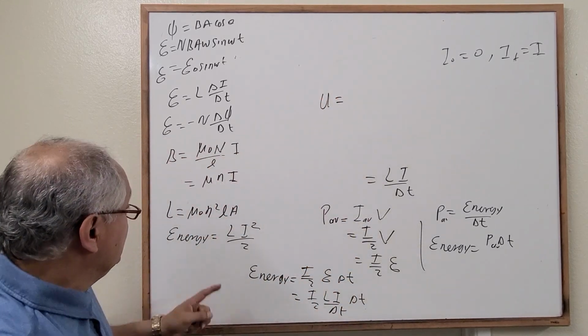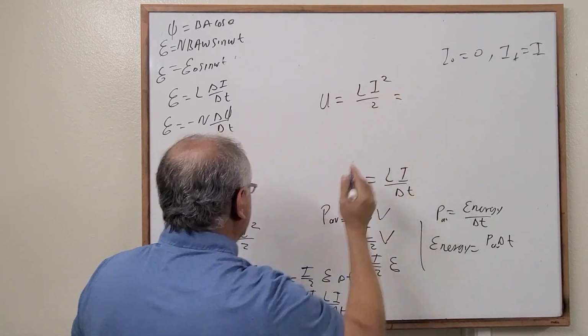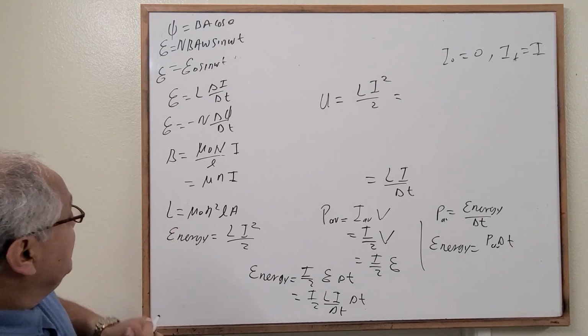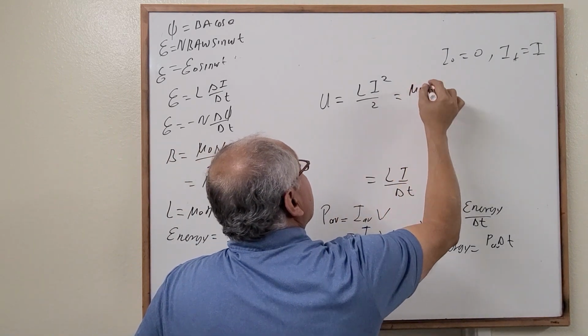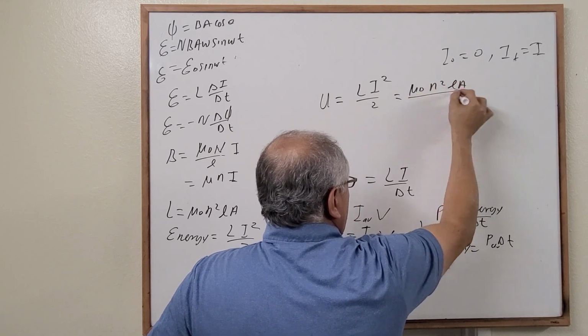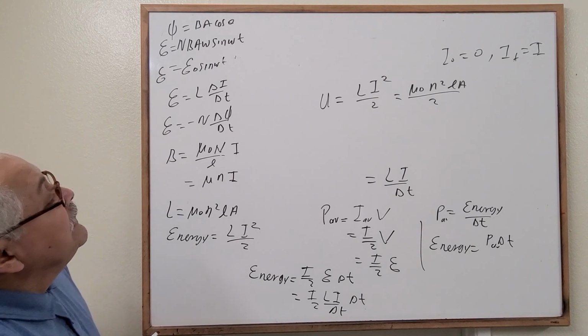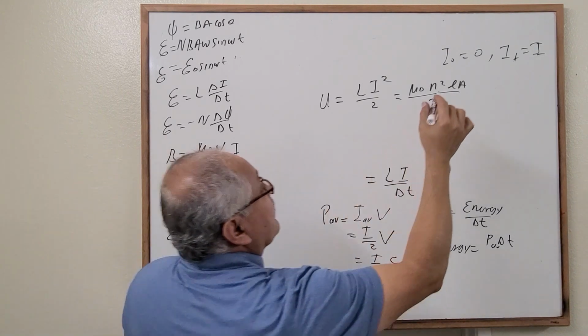Energy is equal to inductance times current squared divided by 2, but the inductance for a solenoid is equal to mu naught n squared L A. Times the current squared, right here.